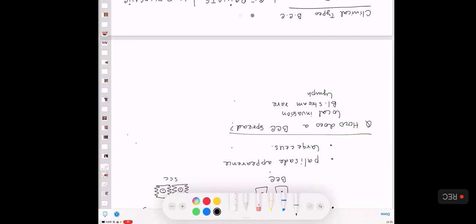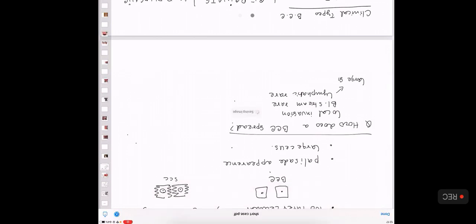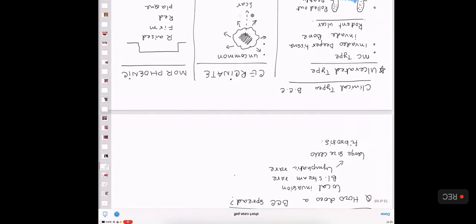Lymphatics, rare. Why is lymphatics rare? Because of the large size of the cells and because of the associated fibrosis. Okay, right.